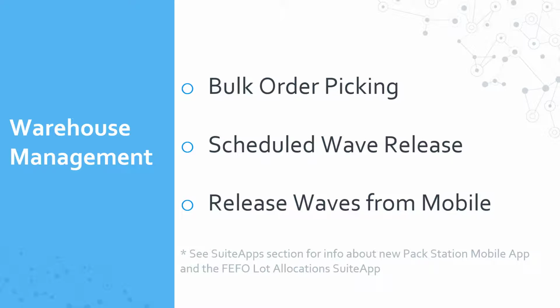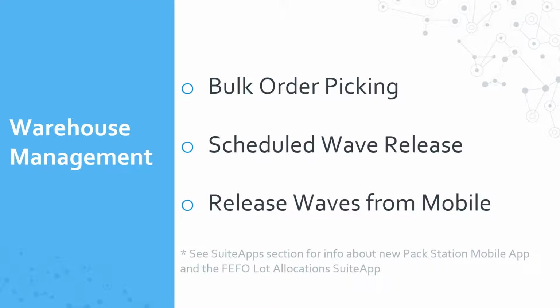WMS 21.1 has been updated to enhance outbound processing as well. The wave release transaction functionality has been improved to include bulk order processing, which generates a single pick task for the consolidated order quantity for an item across all orders in the wave.